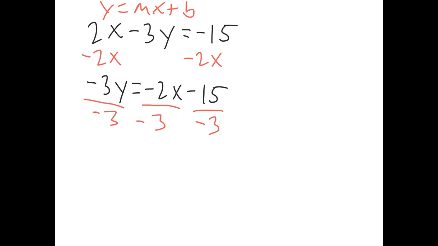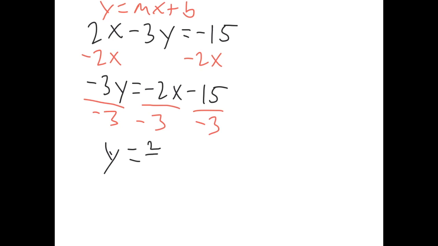So what happens is on the left, y is still y. On the right, notice a negative divided by a negative is a positive. So it's going to be a positive, and then we say what's in front of x? 2 over 3.